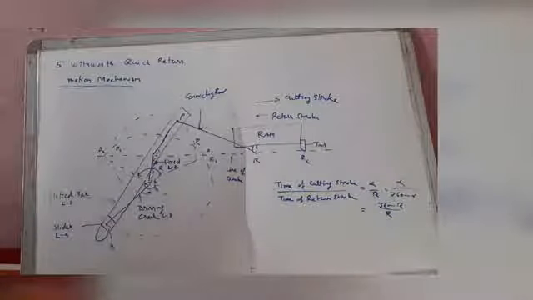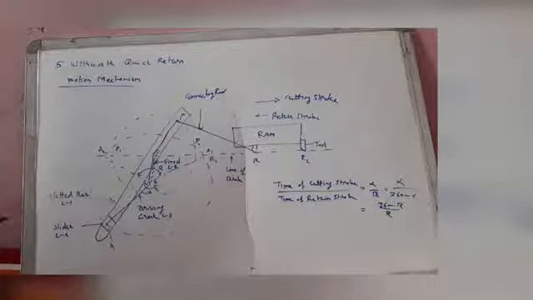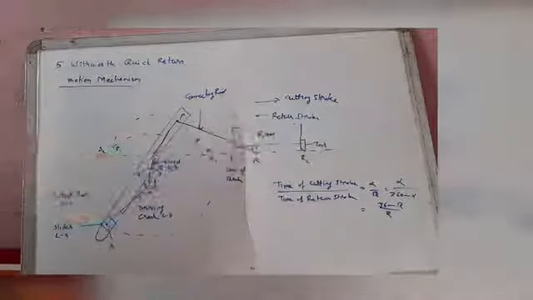Since the crank line CA rotates at a uniform angular velocity, the time taken during the cutting stroke, that is the forward stroke, is more than the time taken during the return stroke. So cutting takes more and return takes less.